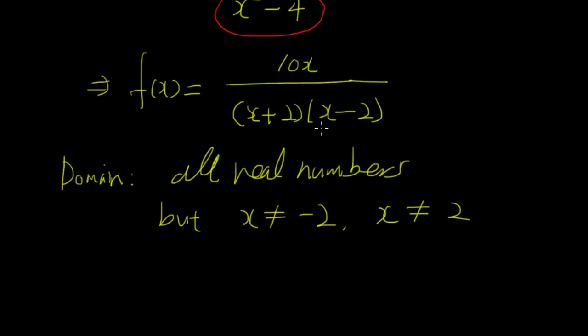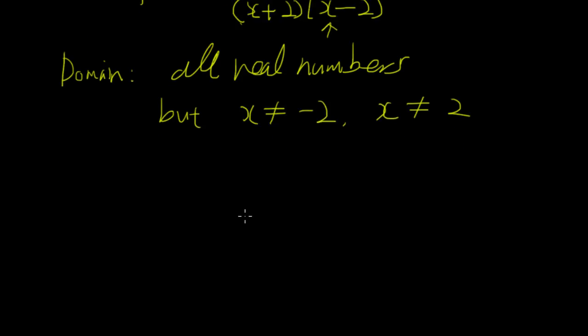This one here, you can't have x equal to -2, which will make this equal to 0, which will at the end make the entire denominator equal to 0. And x cannot be equal to 2. Look at this. If you put 2 here, what will happen? 2 minus 2 equals 0. I mean, you have to put 2 there too, so it'll be 4. It doesn't really matter because that becomes 0. When you multiply, the whole thing becomes 0. You do not want that. So that's the answer.